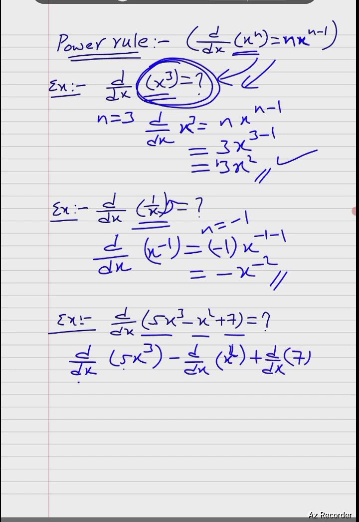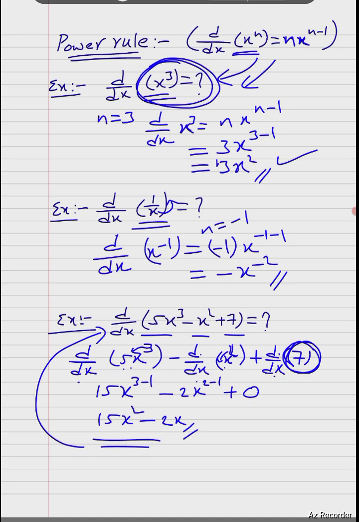Now d by dx of 5x cube: the power comes forward, so 3 times 5 is 15 x power 3 minus 1. Minus d by dx of x square: the power comes forward, 2 times x, and the power is reduced by 1. Plus d by dx of a constant, which is 0. So this becomes 15 x square minus 2 times x power 1, simply 2x. This is the derivative of the given function.